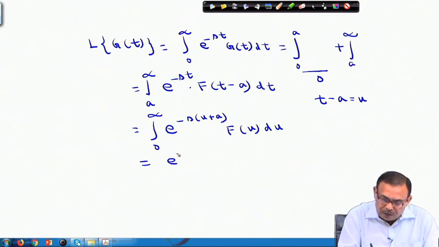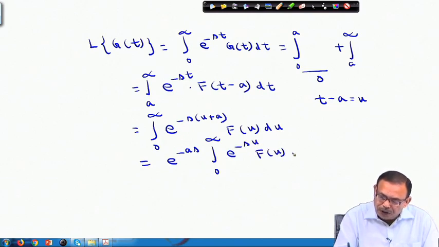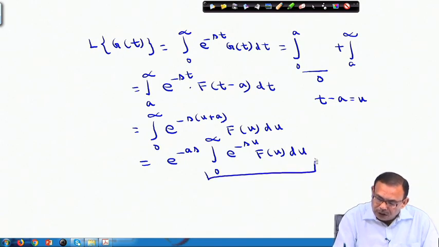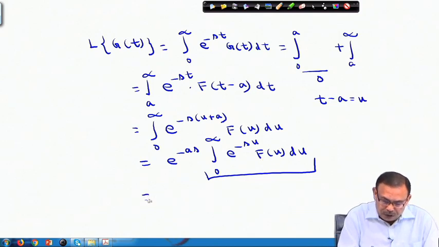So e^(-as) you can bring outside, leaving the integral from 0 to infinity of e^(-su) f(u) du. And what is this? This term is nothing but the Laplace transform of f(u), so you can write it as F(s).